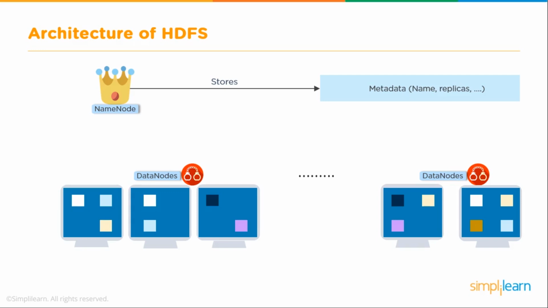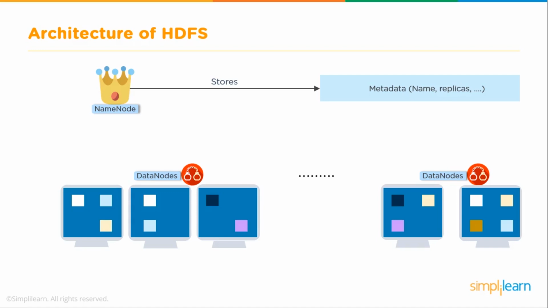It would have a config directory where you would have your config files, and based on that you would have decided that some of your machines would run data nodes and which machine would have the name node running. So in the beginning, when the cluster is about to be started, the first thing which is done is formatting, and that formatting actually creates metadata in the name node's disk.